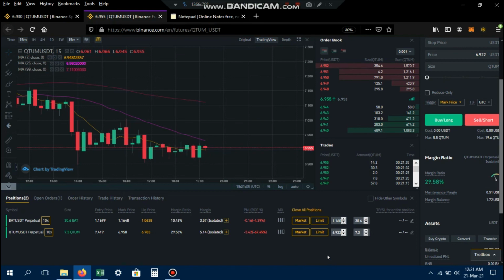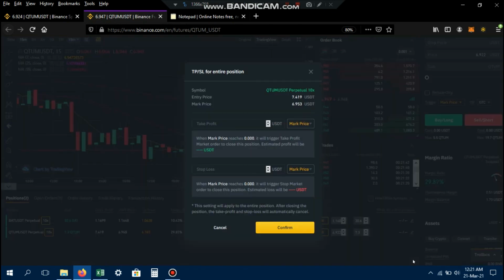Okay, you can see there is a pencil icon over here. You will click on it. Now you see it's written take profit. Over here you will write your profit price. My entry was 7.419, so I would say that when this becomes 7.699, then please sell, and I'll click on confirm.